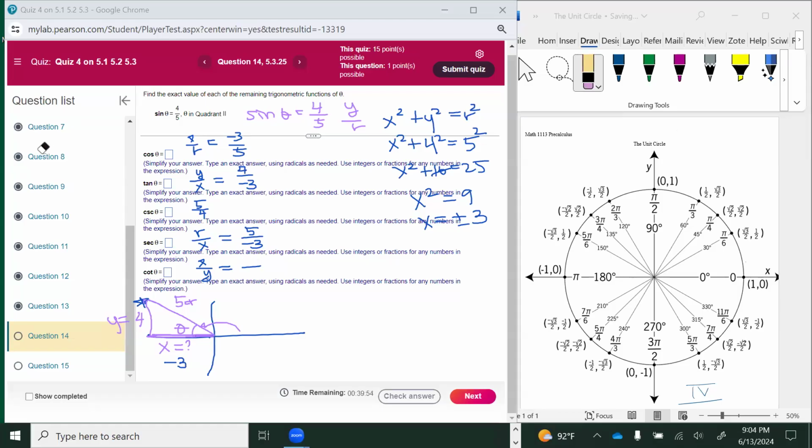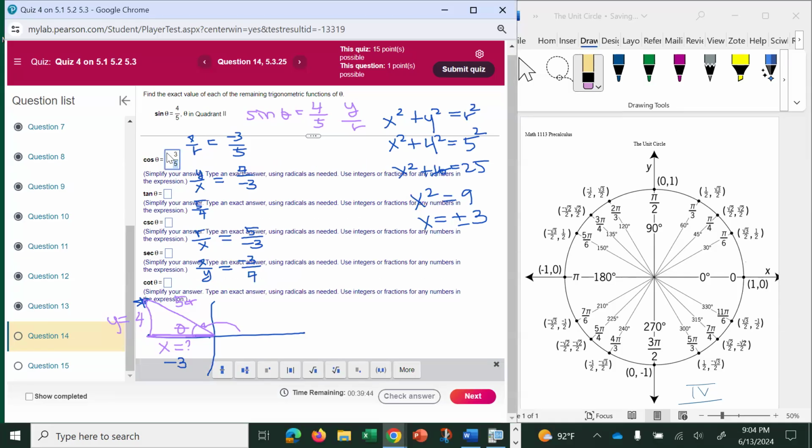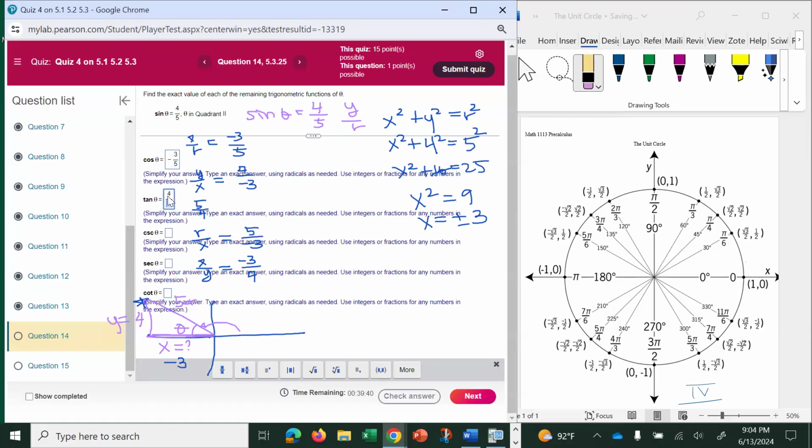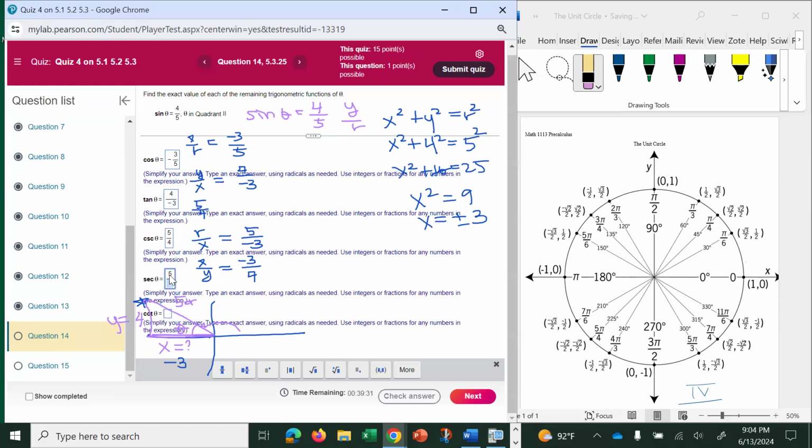So cotangent is x, negative 3, over y, which is 4. We just need to type it all in. Cosine is negative 3 over 5. Tangent is 4 over negative 3. Cosecant is 5 over 4. Secant is 5 over negative 3. And cotangent is negative 3 over 4.